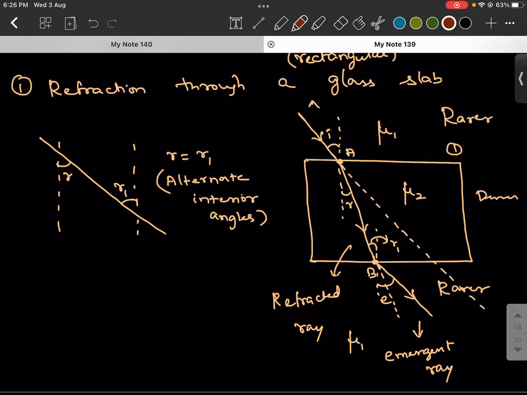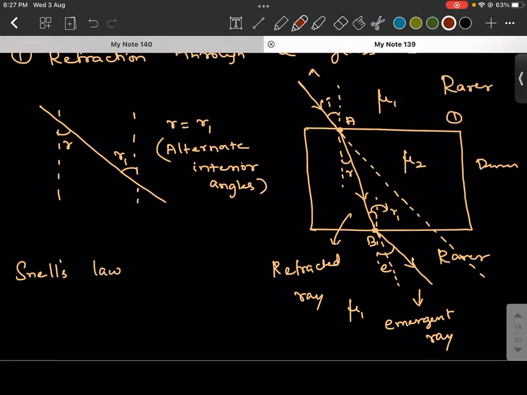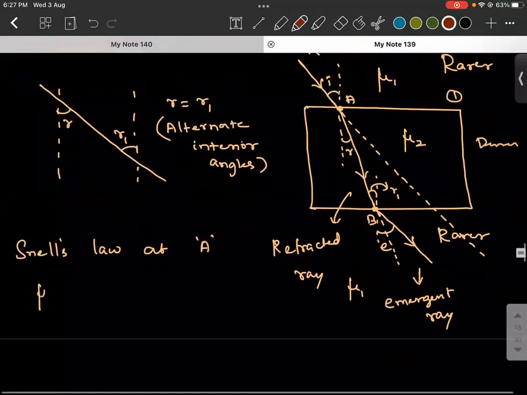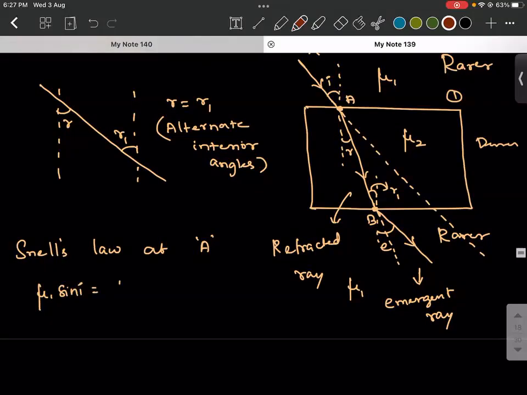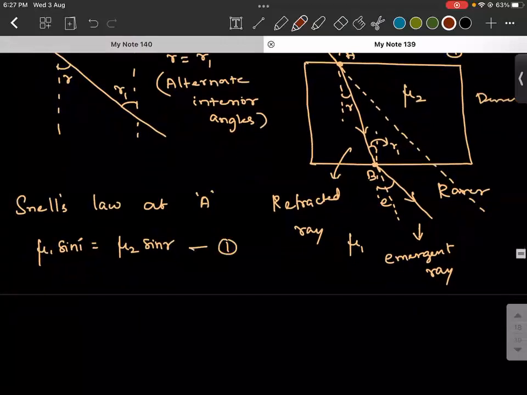then applying Snell's law at point A, what is it? mu1 sin I is equal to mu2 sin R. Let this be equation number 1.